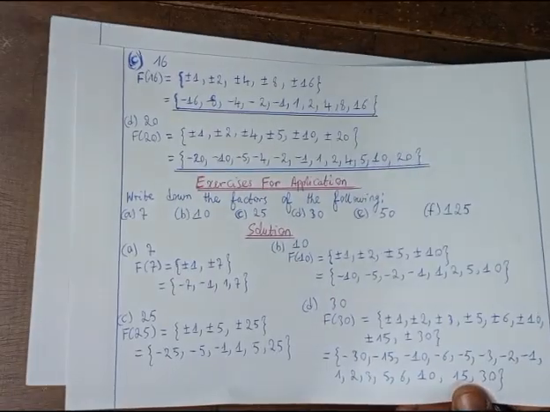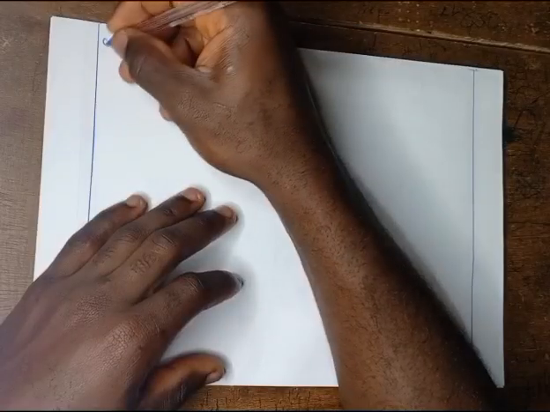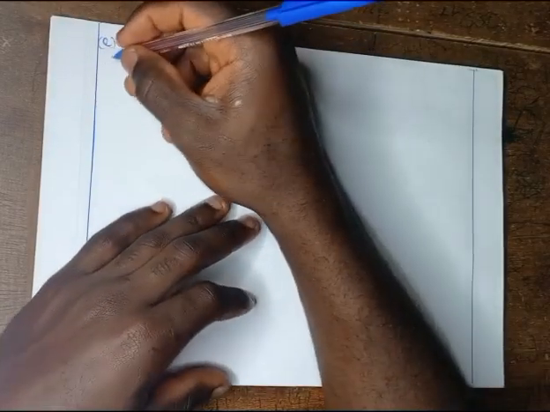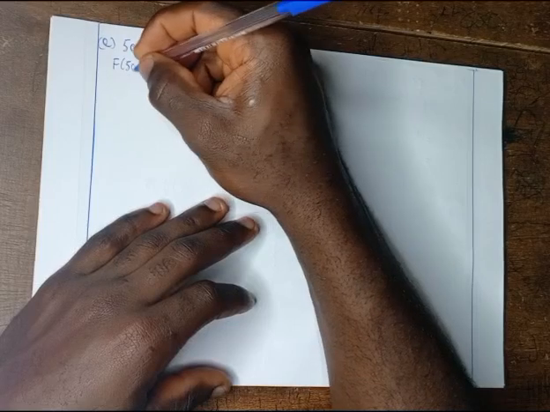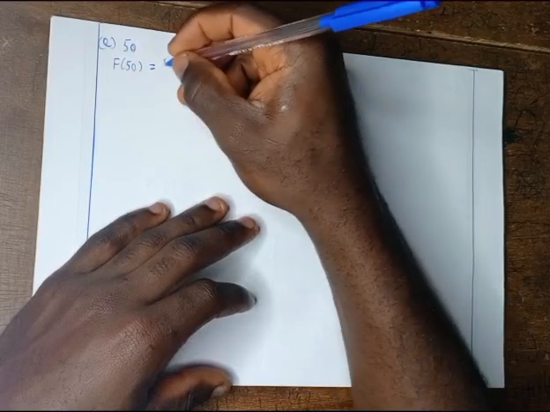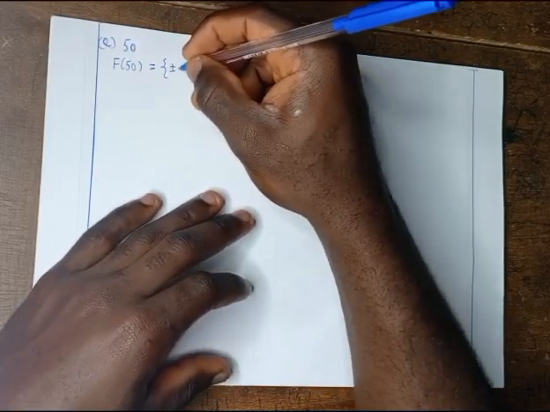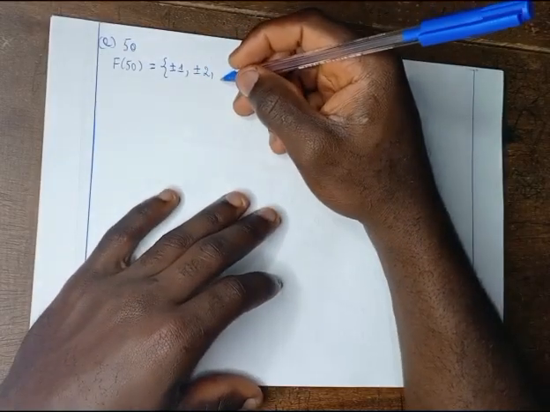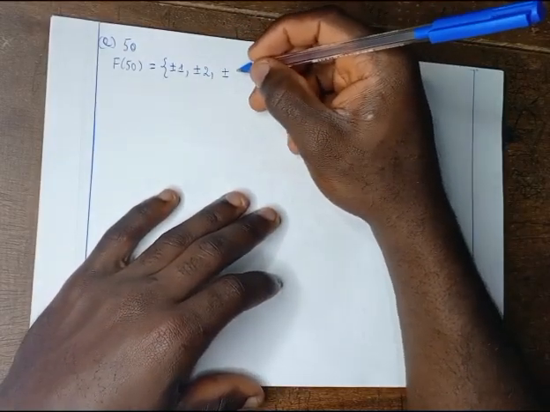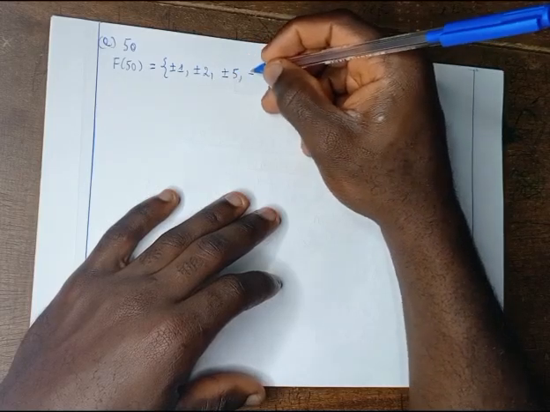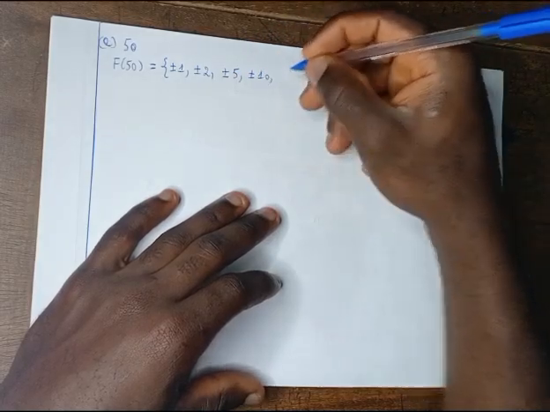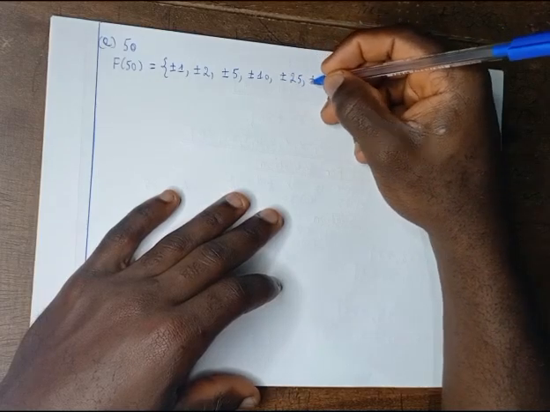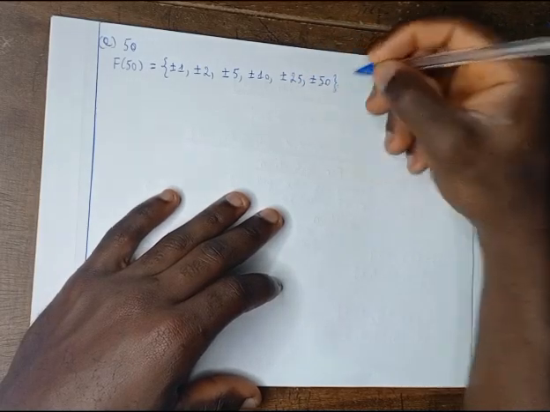We go now to E, the number 50. We have to write down f of 50. F of 50 will simply be equal to plus or minus 1, plus or minus 2, plus or minus 5, plus or minus 10, plus or minus 25, and lastly plus or minus 50.